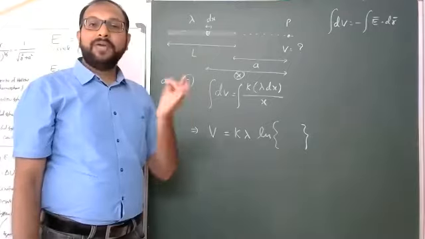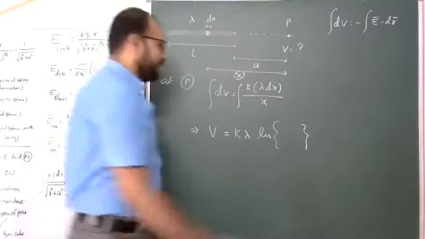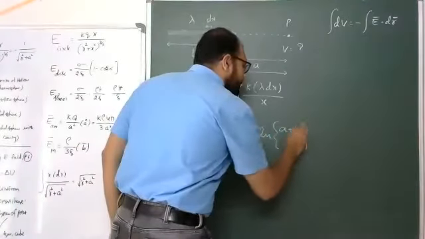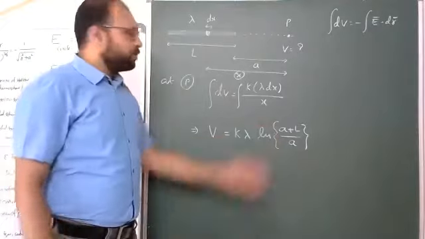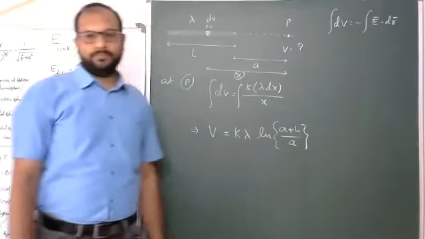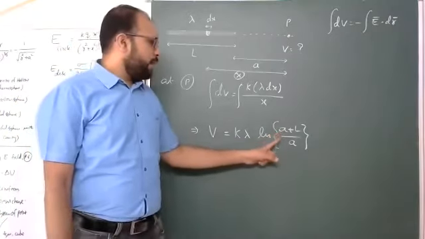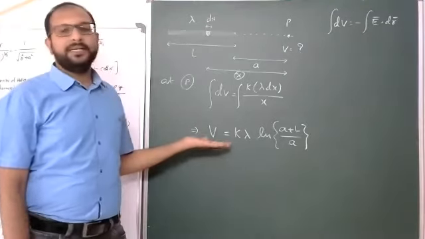So ln of a plus L minus ln a is ln of (a plus L) divided by a. This you can also write as ln of 1 plus L by a. Yes, this is method number two.